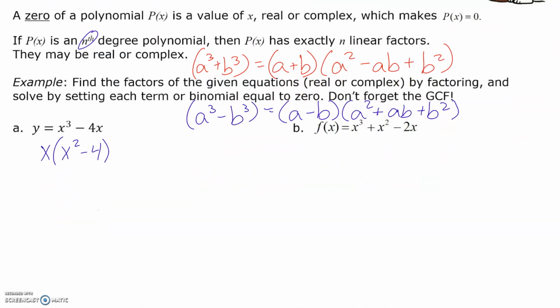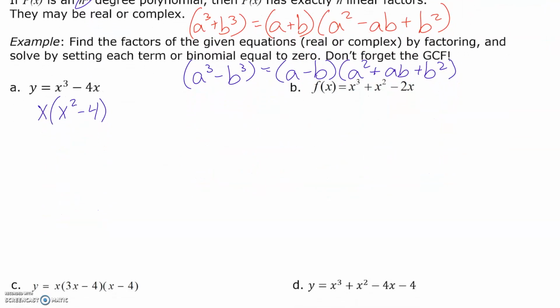So we can rewrite this as x squared minus 2 squared, and that would be our a and b. Our greatest common factor still stays out. I'm going to bring that down one more time and factor out this difference of squares. That's going to be x plus 2 and x minus 2.